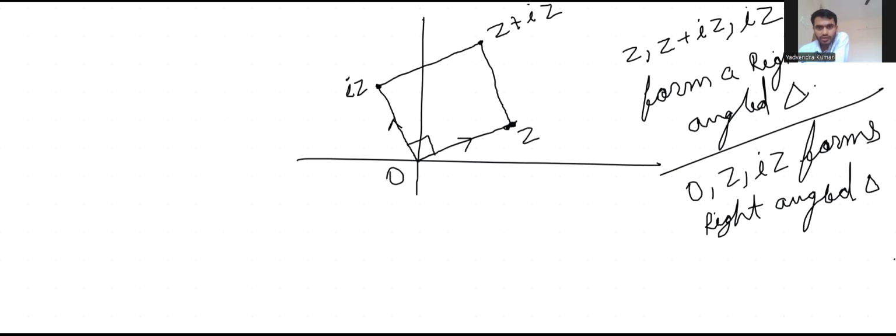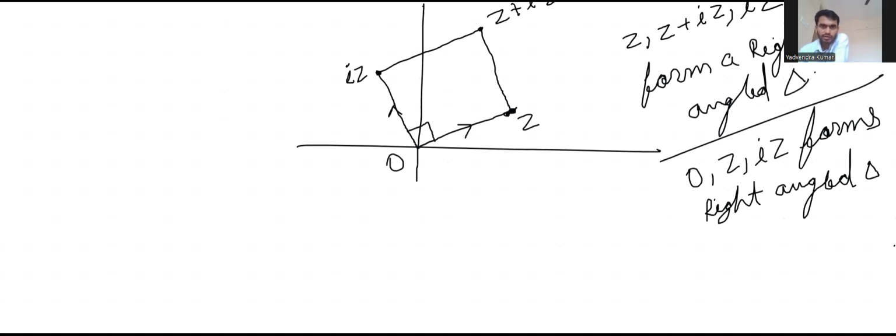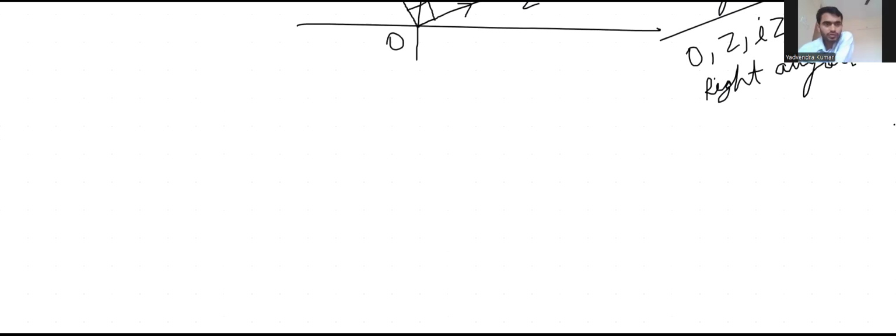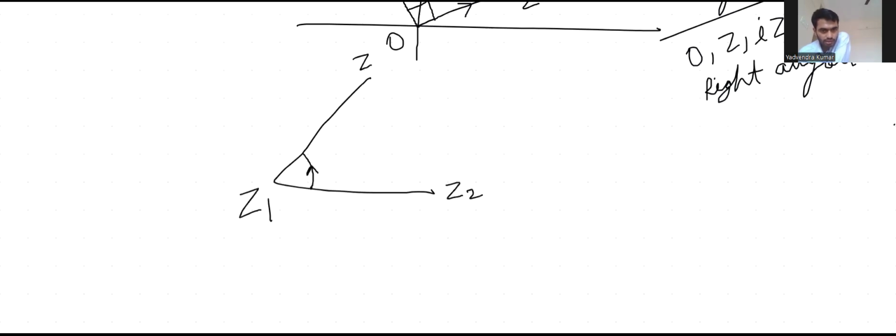So after this, moving next after the rotation property, like I said, it has a vector property as well. So consider a complex number, angle between them. Consider this is Z1, this is Z2, and this is Z3, right? And this length is equal to this length, and the angle between them is theta.